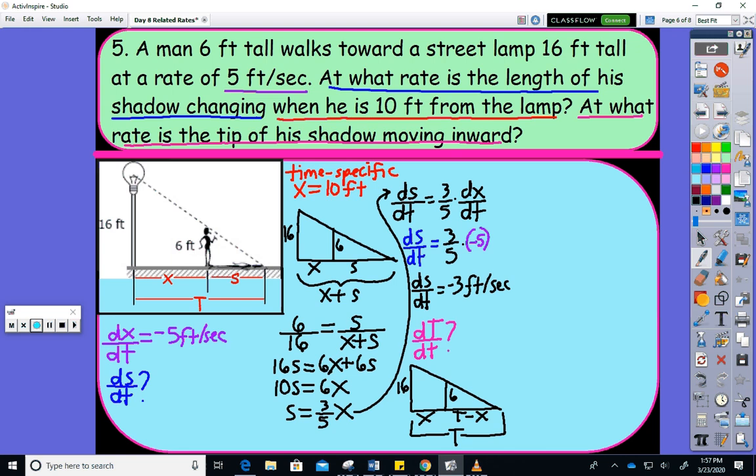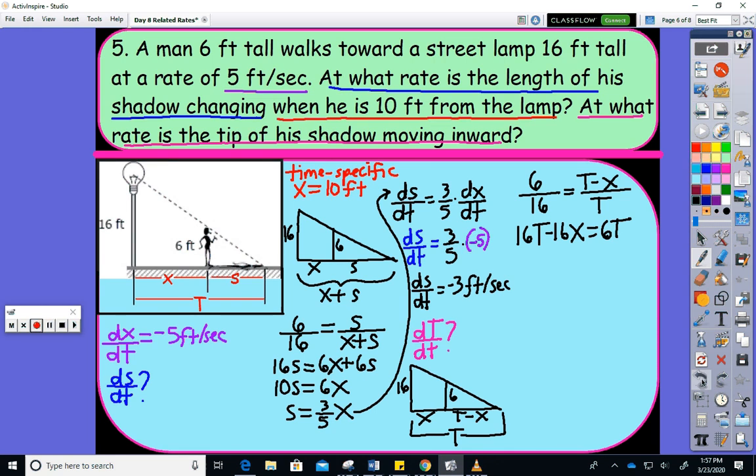I'm going to do the same thing: left side of little to left side of big equals bottom of little to bottom of big. Now my equation has only t's and x's, no s's. I'm going to cross multiply the same way and say 16t minus 16x equals 6t. No, not pi, but t.